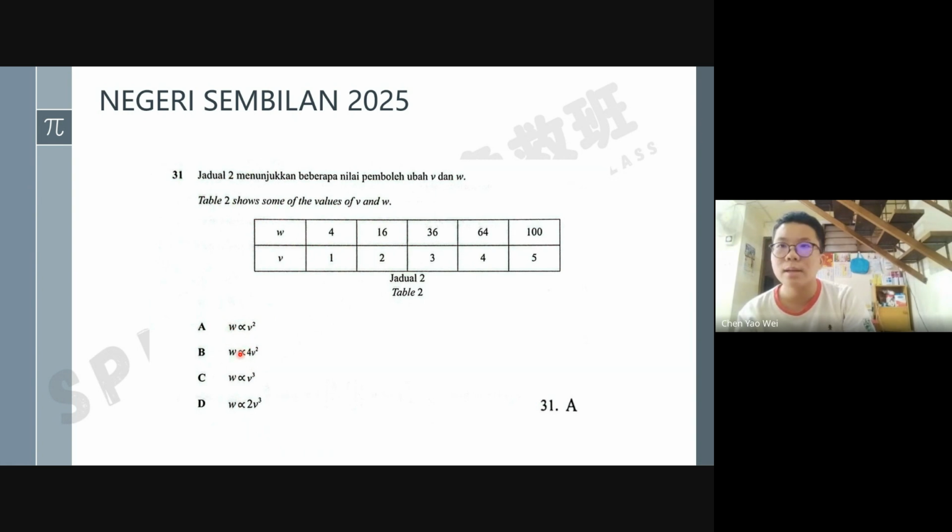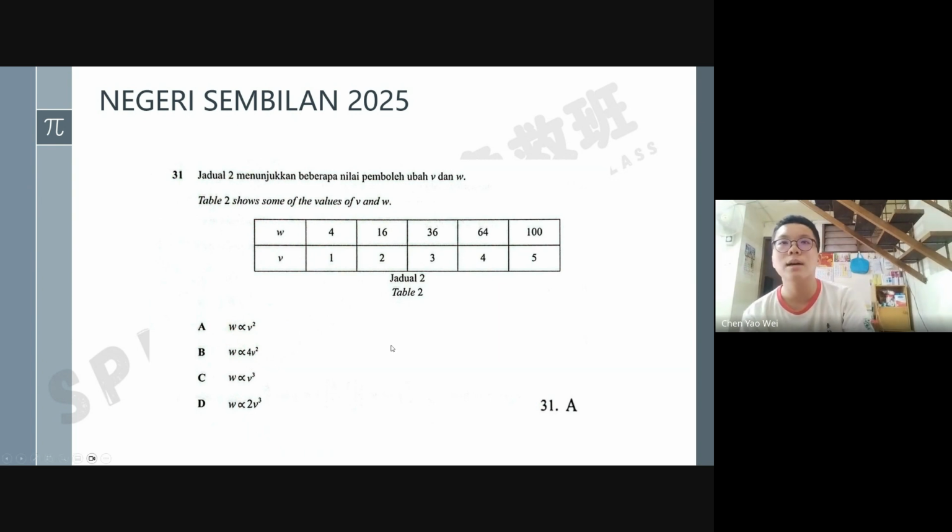Because it's a duration. If duration means this one, this answer means there is a K beside this one. This is not K, but this one is betul jawapan because the constant hilang. Kalau saya tetap balik kepada equation form, constant ada di sana. Okay. So, this is a tricky question.